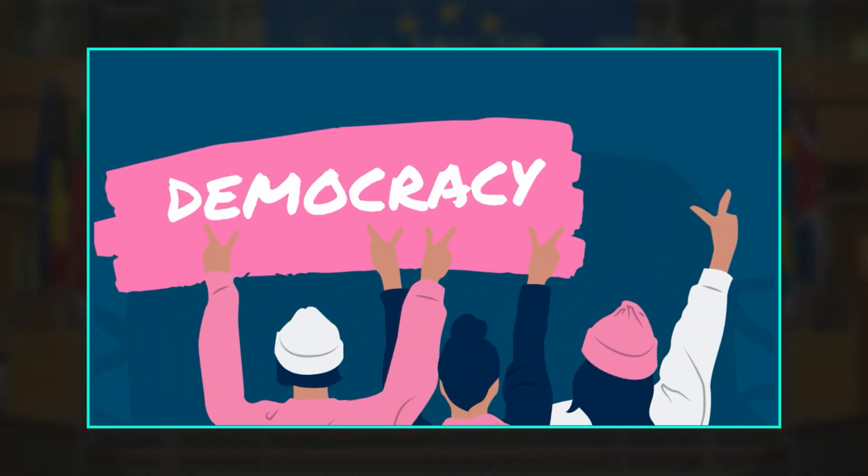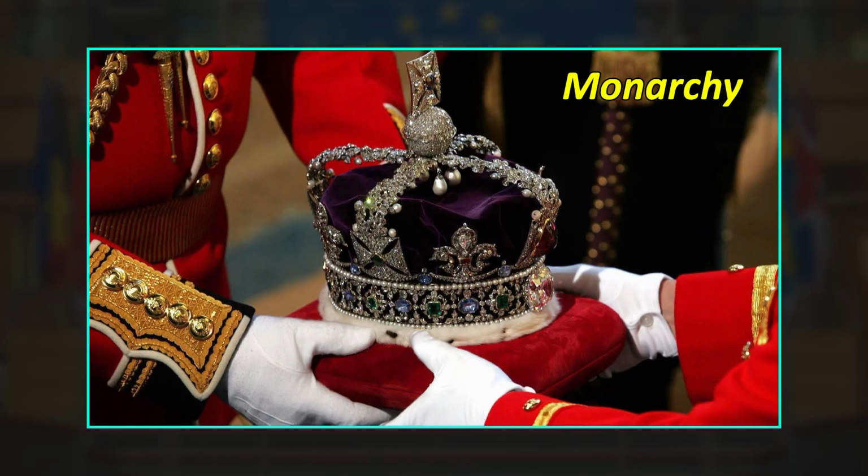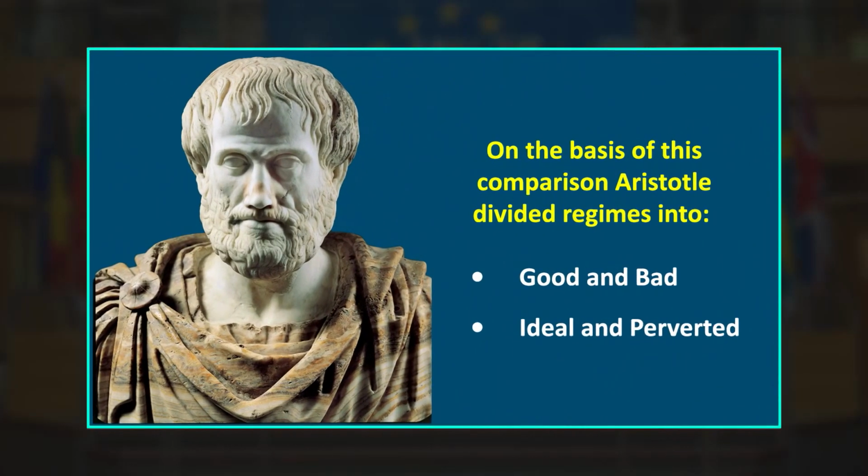He not only described and classified regimes and political systems in terms of their types, that is, democracy, aristocracy, monarchy, and so on, but also distinguished them on the basis of certain norms of good governance. On the basis of this comparison, he divided regimes into good and bad, ideal and perverted.